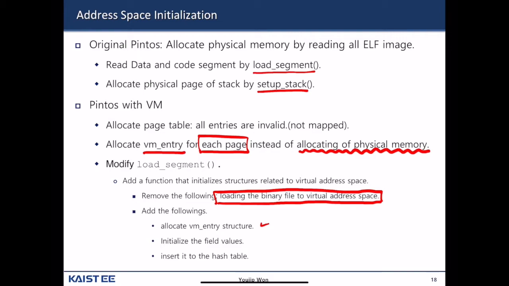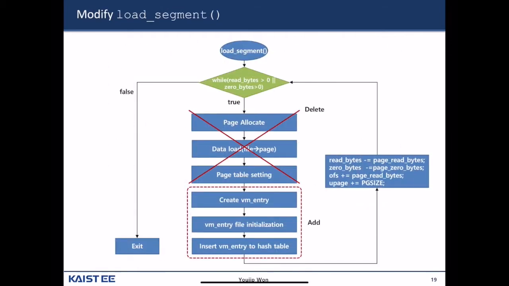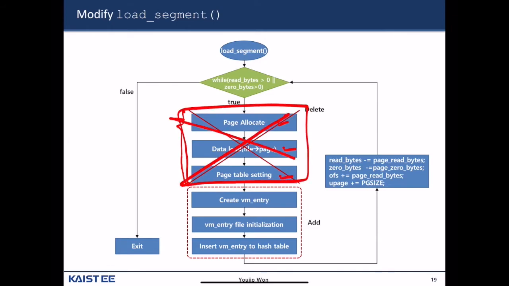It initializes the associated field values, and it inserts them into the hash table. This is how it looks. So this is the original Pintos: allocating the page, loading the file, and setting up the page table. So you remove this part and then do these things: create the VM entry, initialize its fields, and insert it into the hash table.